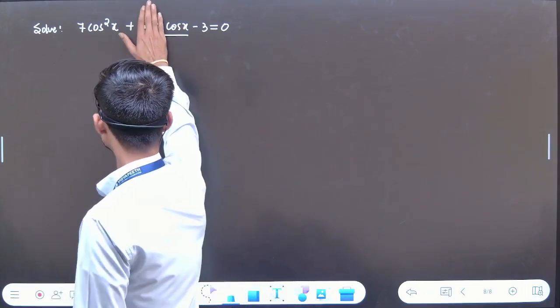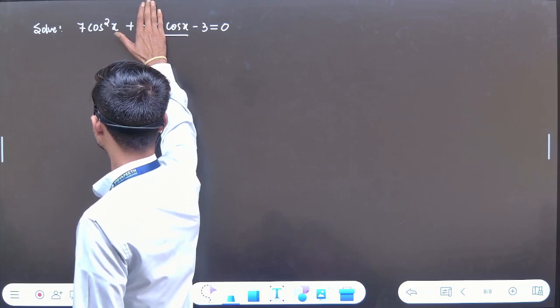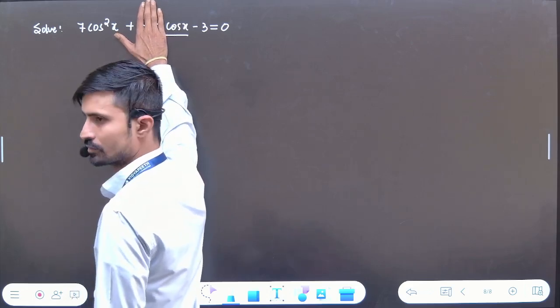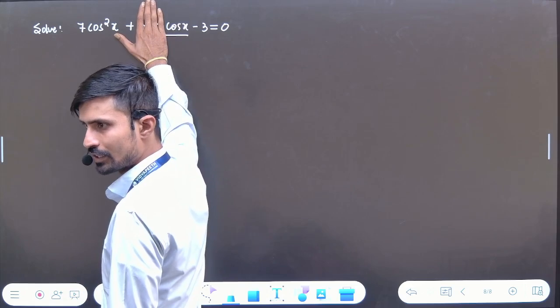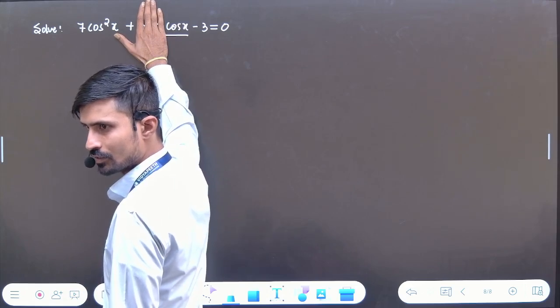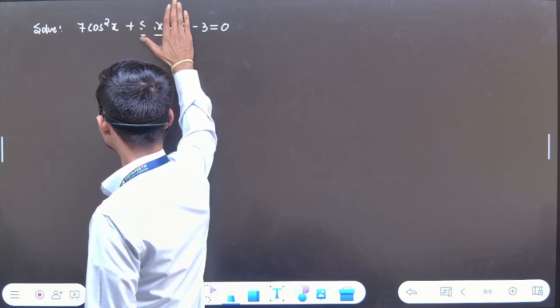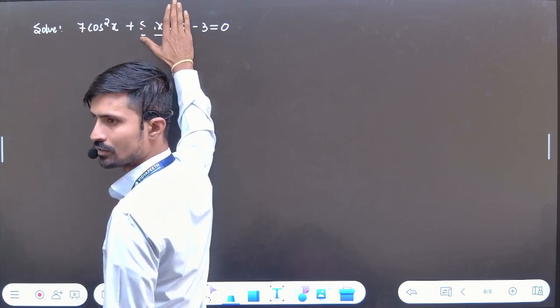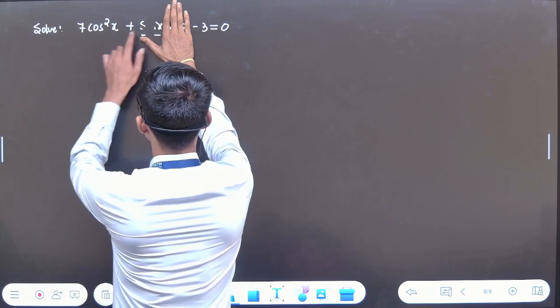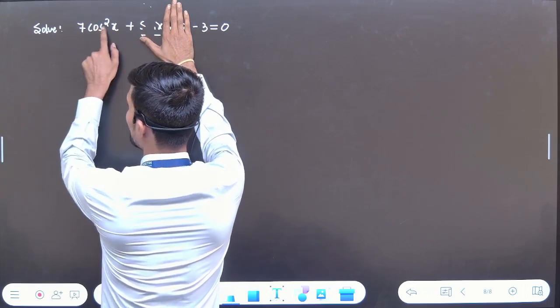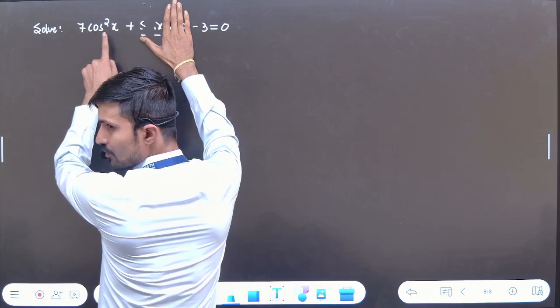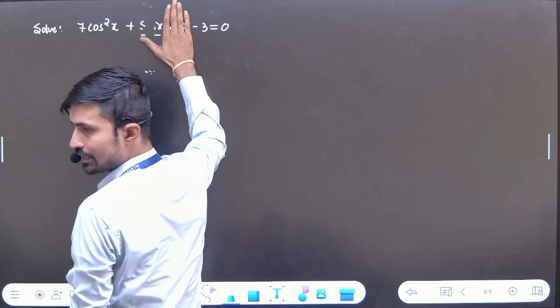Suppose sin x is not there, this is quadratic, yes or no? If cos x is not there, this will become sin x. Cos square x, I will write 1 minus sin square x, that will become quadratic in sin x.